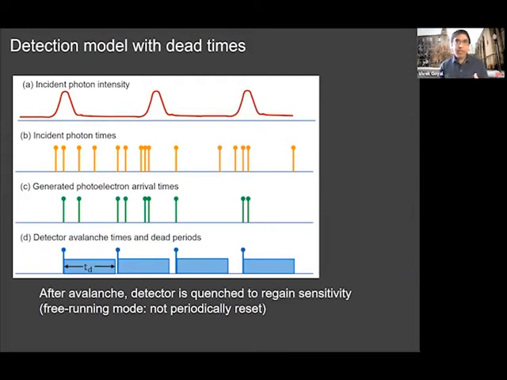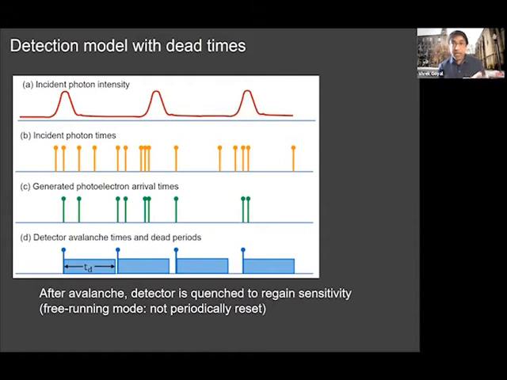Each photon detection results in a dead period, which here we've denoted by T sub d. For a SPAD detector, this is the time to quench so that the sensitivity can be restored. You see from this example that photons that arrive too close together cannot be detected.